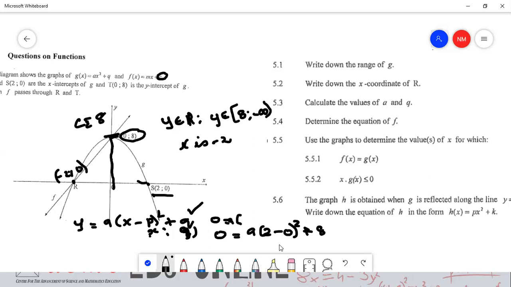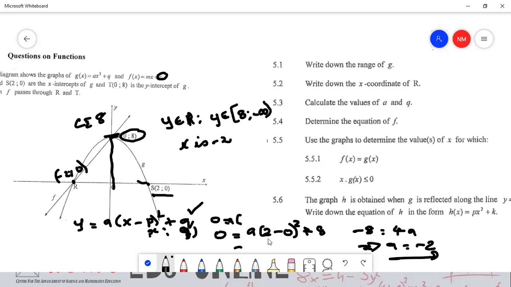So we have this equation: negative 8 equal to 4a, which implies that a will be equal to negative 2.